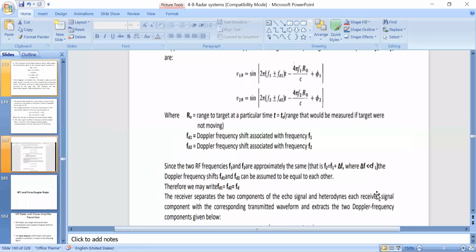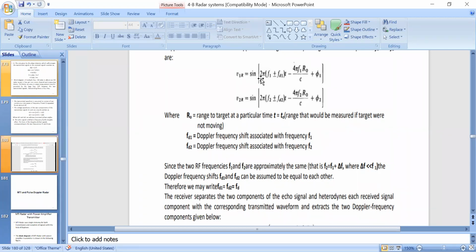Actually, in the previous slide I already showed that V1R and V2R are transmitted, where V1R is sine of 2 pi f1 t plus phi 1 and V2R is sine of 2 pi f2 t plus phi 2, right? Whenever the signal hits the moving target, there is a shift in frequency, plus or minus fd.